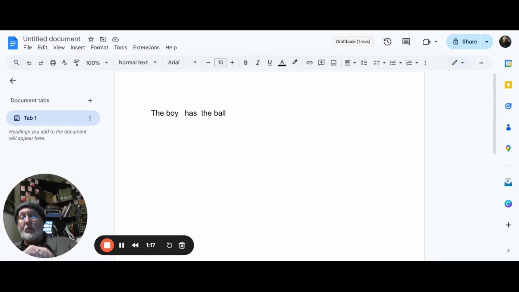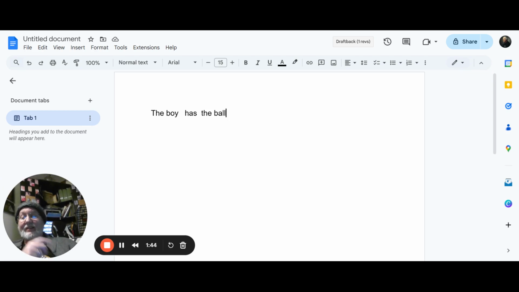So we have two nouns: the boy and the ball. Now, the verb here is to have. You own something. One of these things is the subject and one of these things is the object.